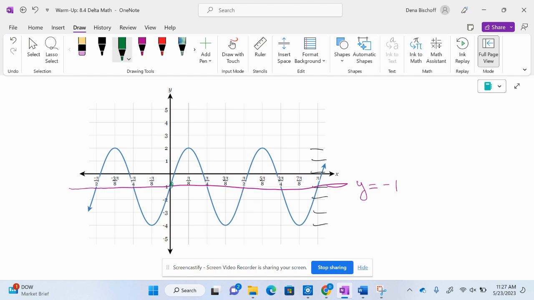This function actually starts on the midline. So what function is this? Well, it's a sine function because sine of x always starts on the midline.